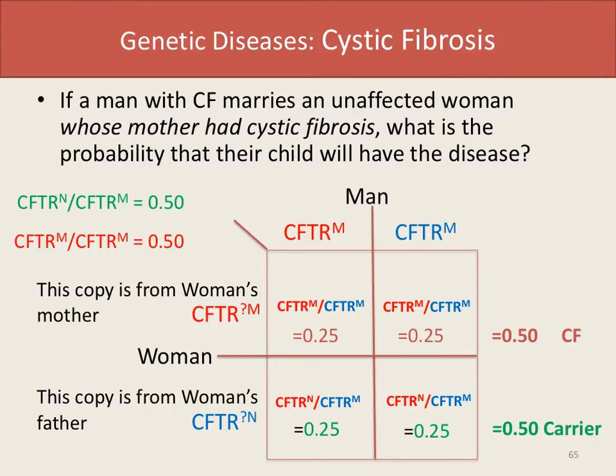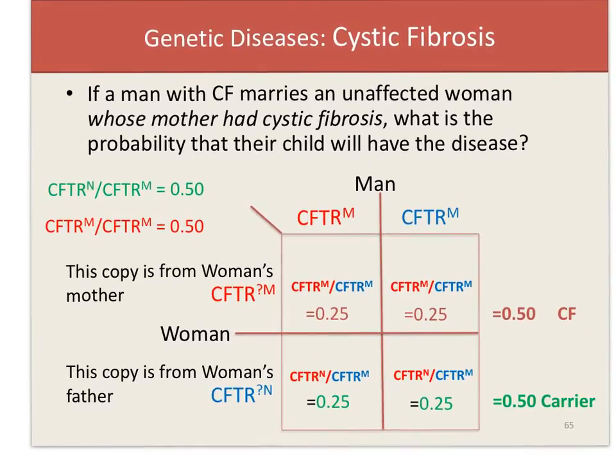Now, if a man with CF marries an unaffected woman whose mother had cystic fibrosis, in other words, her mother had 2 copies of the bad allele, what is the probability that the child will have the disease?